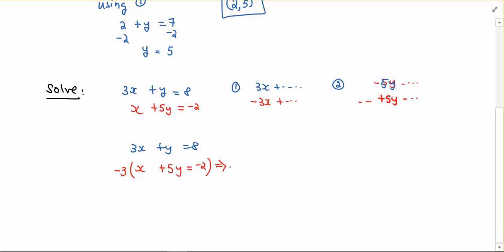Now if I did that, I get negative 3x, negative 15y equals positive 6. And then up here, that goes along unchanged. And now I can add these, and you'll see that the x's cancel.